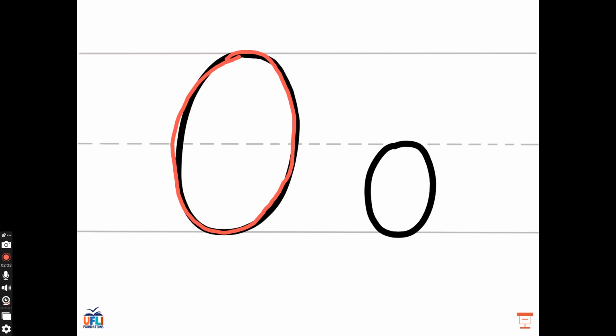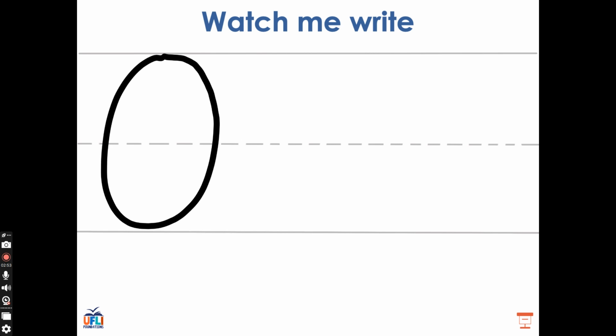Lowercase o is similar, but it starts at that dotted middle line, curves down, touches the bottom, and curves right back up to where we started. So again, uppercase and lowercase o are the same shape, but uppercase O is going to be taller and lowercase o is going to be shorter. Regardless of whether it's uppercase or lowercase, they both make the same sound, /ŏ/.